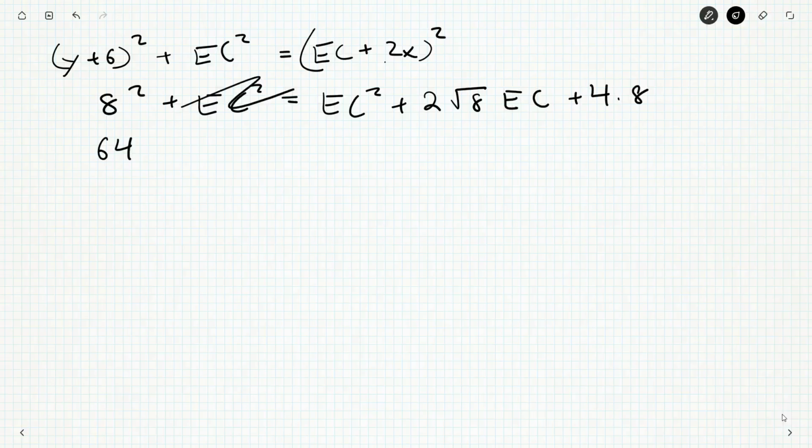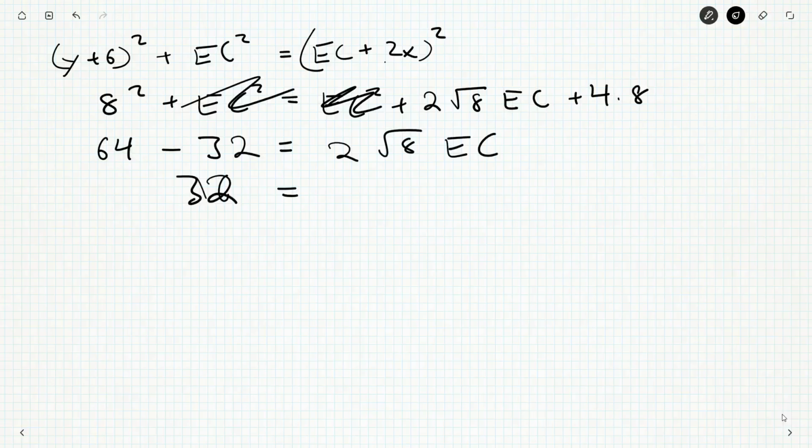So 64, cancel out the ECs, 32, so 64 minus 32 is 2 root 8 EC, but then that's 32, 2 root 8 EC. So that's 16 is root 8 EC.